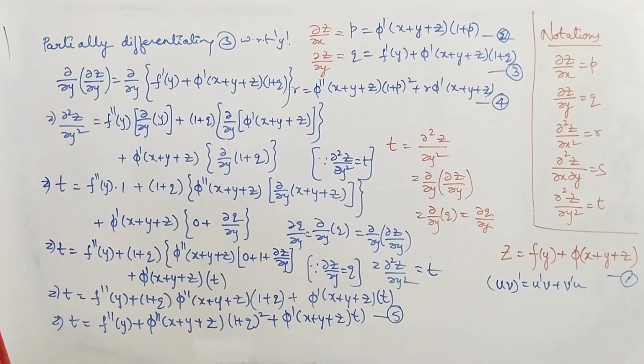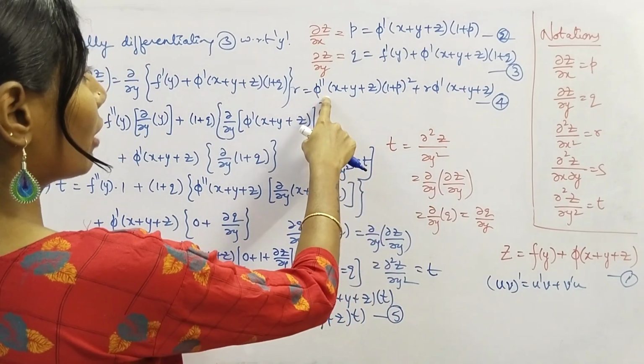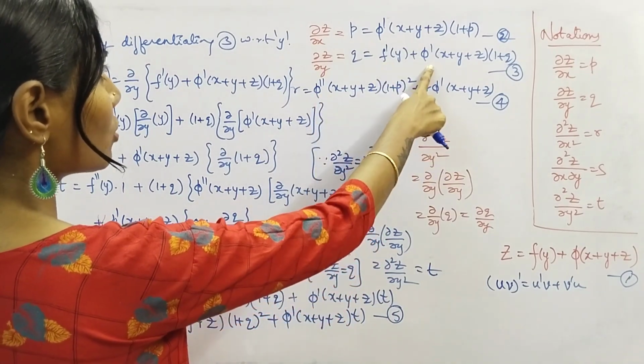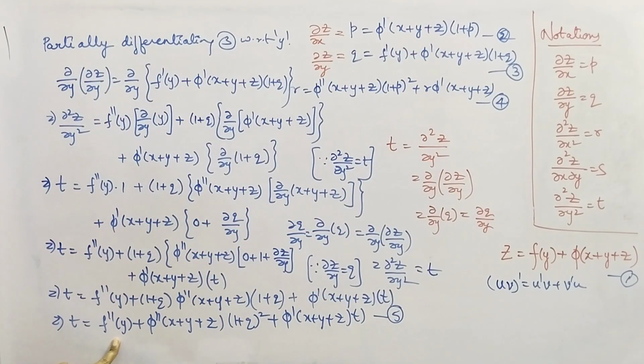I think these equations are not enough to find the required partial differential equation, because here you are having f double dash of y, phi double dash of y, phi double dash, phi dash, and in R you have phi double dash, phi dash, f dash, phi dash, phi dash. You don't have any f double dash, so it's not possible to eliminate f double dash. So let's go for s also.